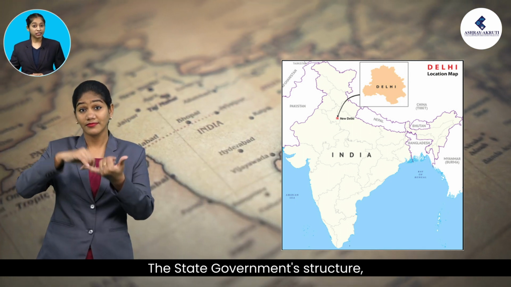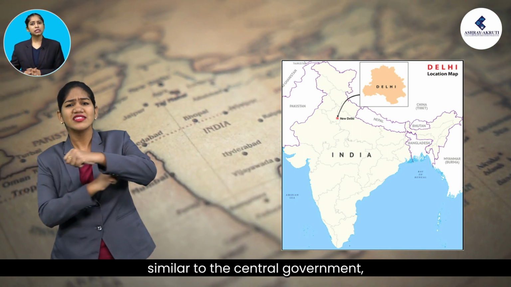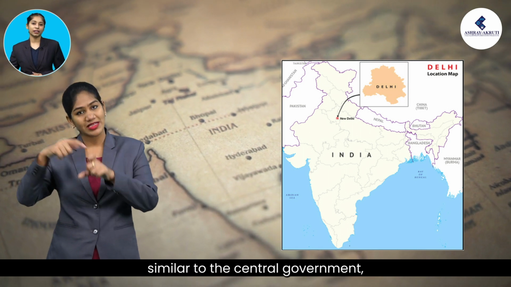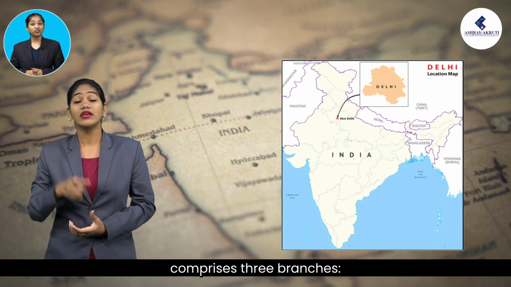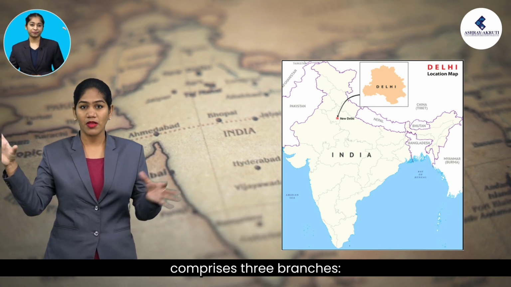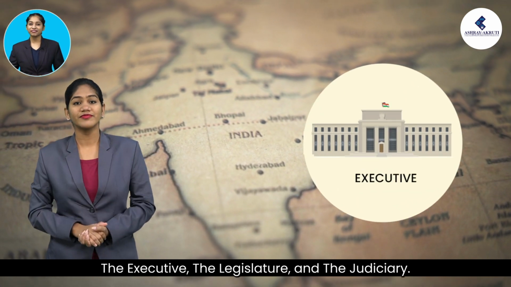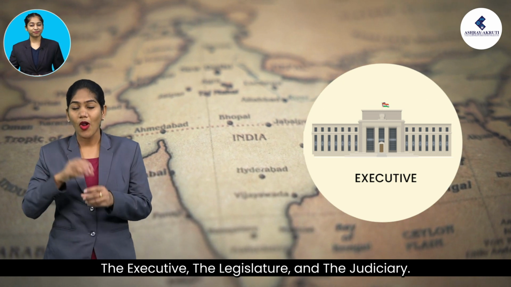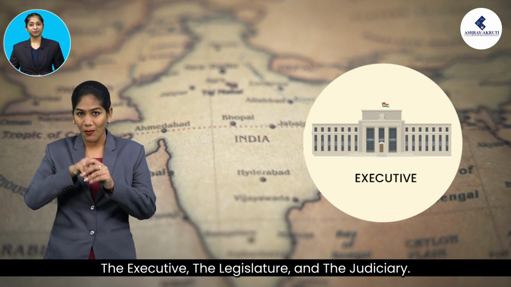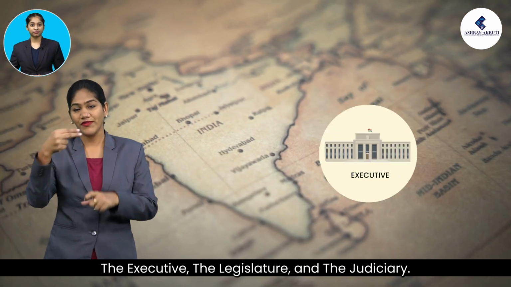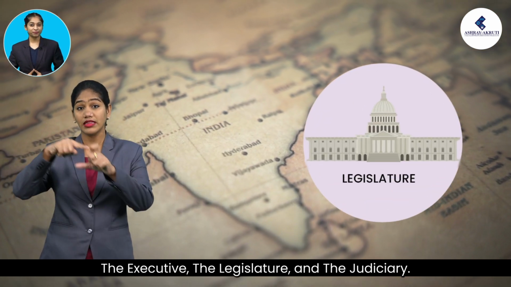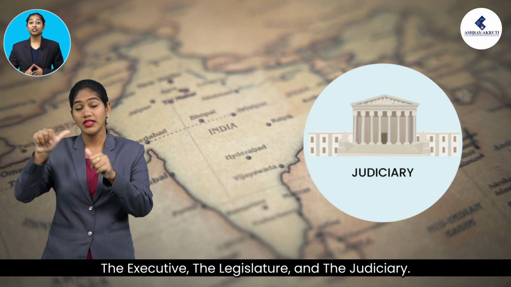The state government's structure, similar to the central government, comprises 3 branches: the executive, the legislature and the judiciary.